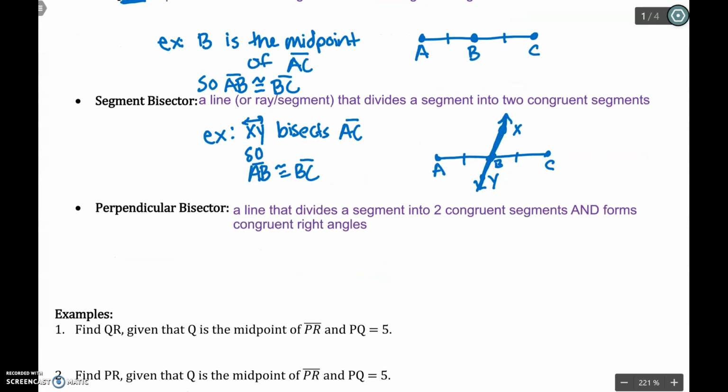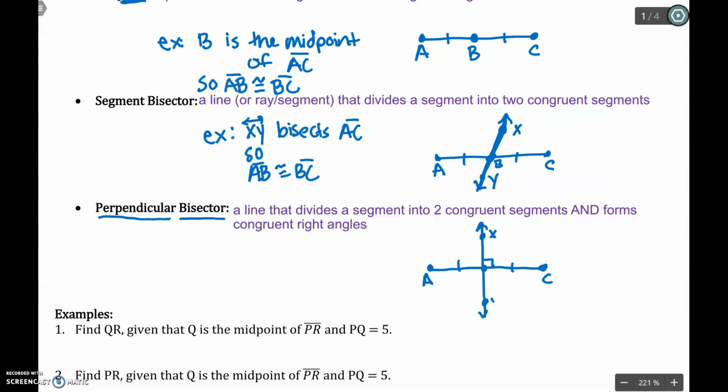A perpendicular bisector combines two different vocabulary words, and that's because it does two different things. It's going to bisect, meaning it divides a segment into two congruent segments, just like above, and also form those congruent right angles. So what would happen in that case is we would have our segment, and it would be split into two congruent parts, but it would be done at right angles instead of just at any old angle like above.